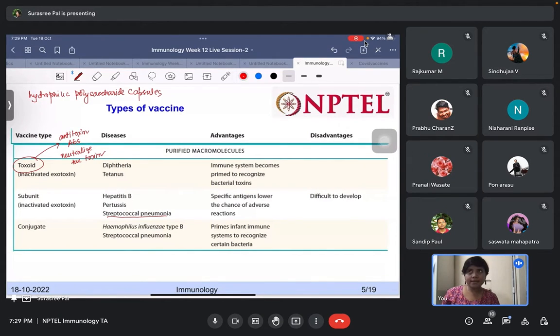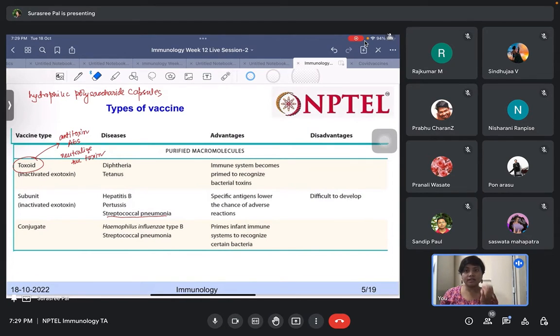Now, another example is meningitis. Meningitis is caused by Neisseria meningitidis, and that vaccine also contains purified capsular polysaccharides, which can induce immunity against the meningitis disease. Alright, so these are the capsular polysaccharide vaccines, one type of subunit vaccines.